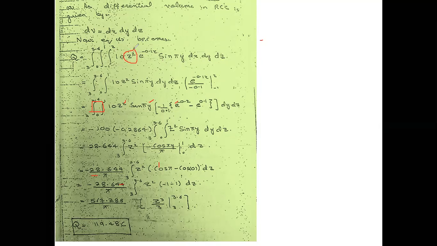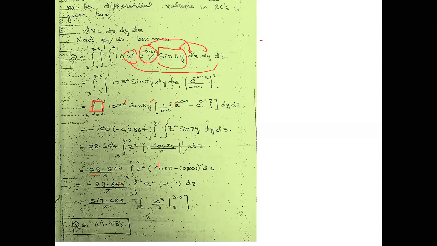This is for the z, this is the function for the x, and this is the function for the y. So apply the limits of z for this variable, the limits of y for this variable, and the limits of x for this variable. There is nothing to worry about. Separately, one by one, first we solve the x.